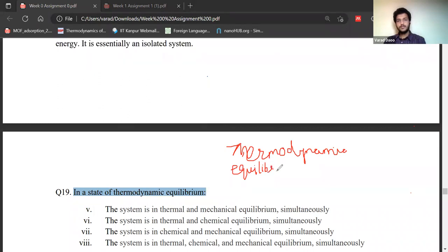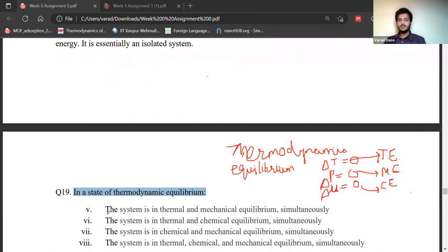Thermodynamic equilibrium means change in temperature is equal to 0, change in pressure equal to 0, change in chemical potential is equal to 0, right? So this means thermal equilibrium, this means mechanical equilibrium, and this means chemical equilibrium. So for a system to be in thermodynamic equilibrium, it has to be in thermal, mechanical, and chemical equilibrium at the same time.